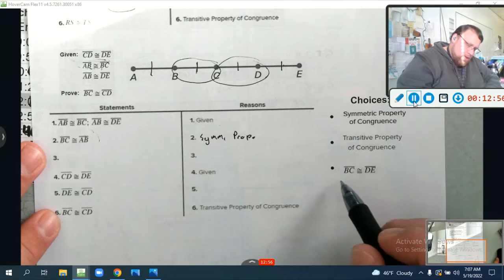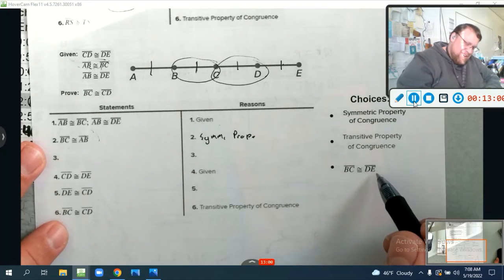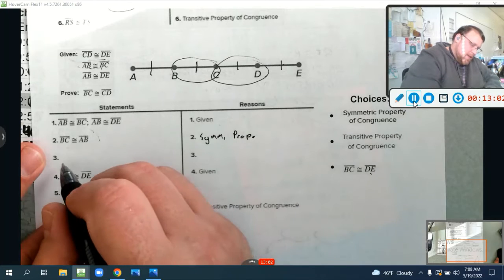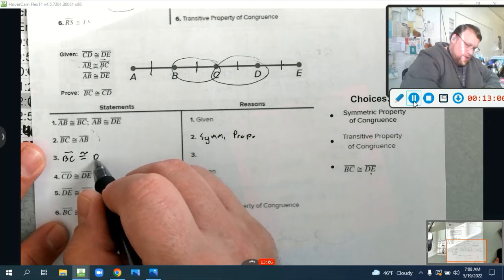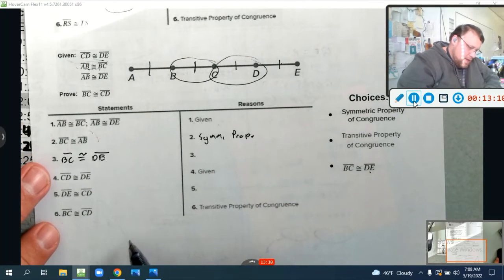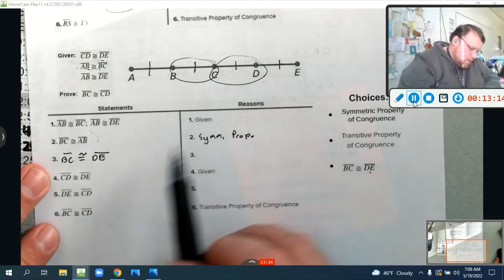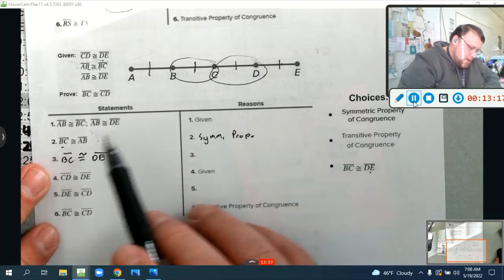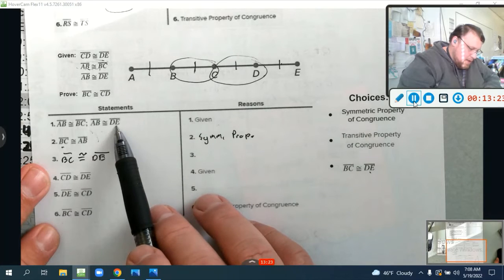And then you'll notice, what do we have over here? Really the only statement available, right? So we have BC is congruent to DE. So segment BC is congruent to segment DE. And how can I say that? I have BC is congruent to AB, and we have that AB is congruent to DE.